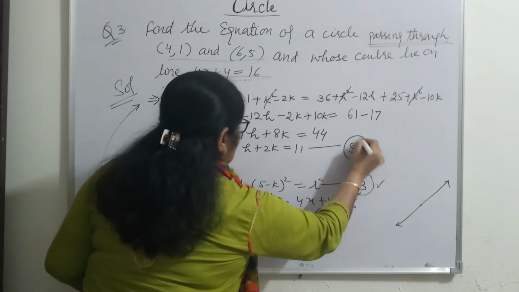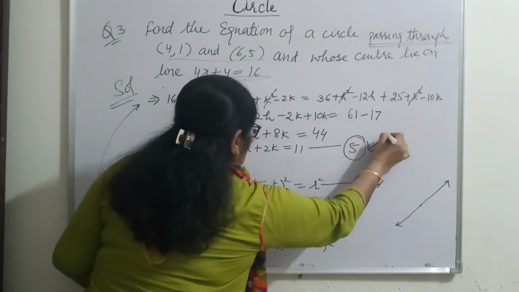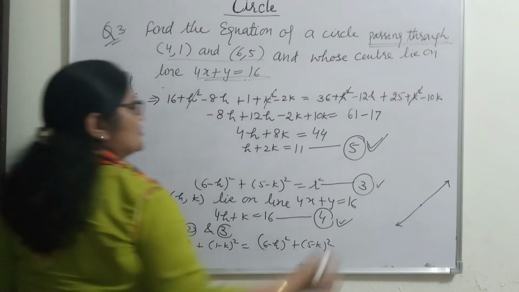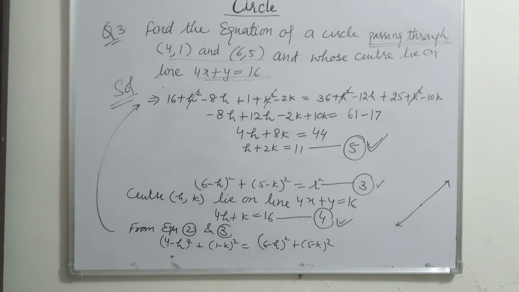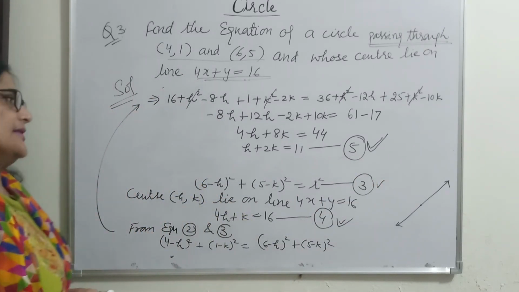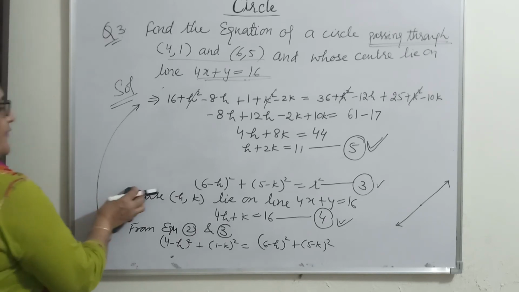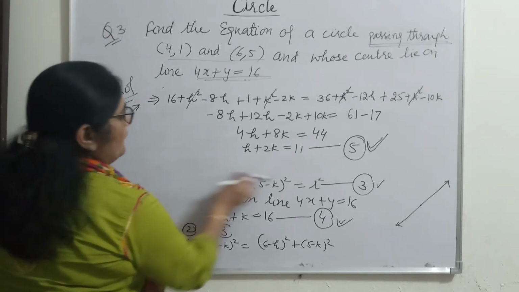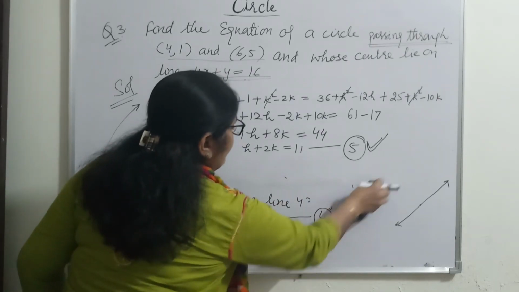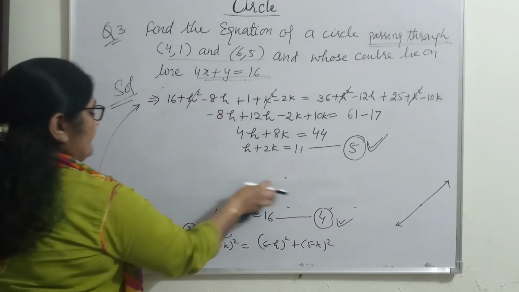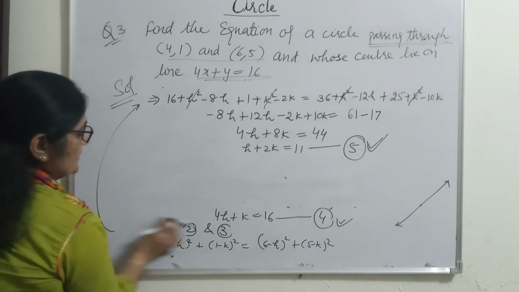This is equation 5. Now you can see equation 5 and equation 4 are in two variables, h and k. By solving equations 4 and 5, we get the values of h and k.